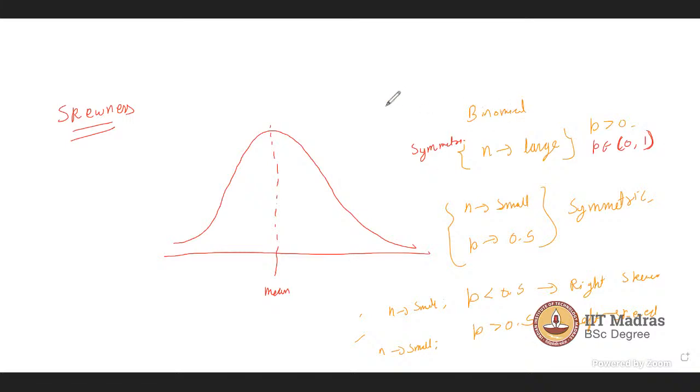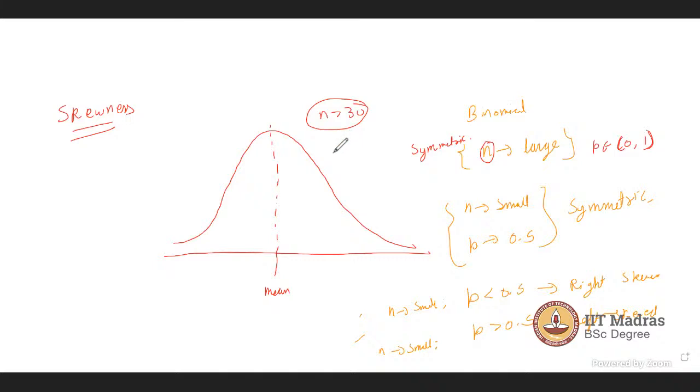Excuse me, sir. For large values of n, the binomial distribution approaches symmetry, isn't it, sir? How can we fix the limit? How to fix that n value? In statistics, if n is greater than 30, we assume it to be large, generally.